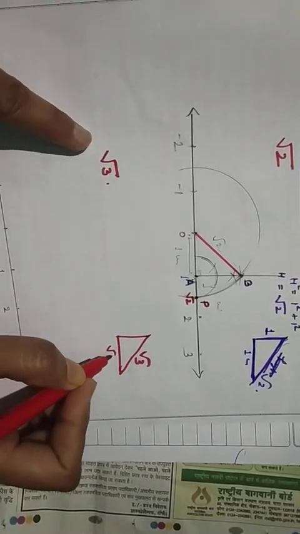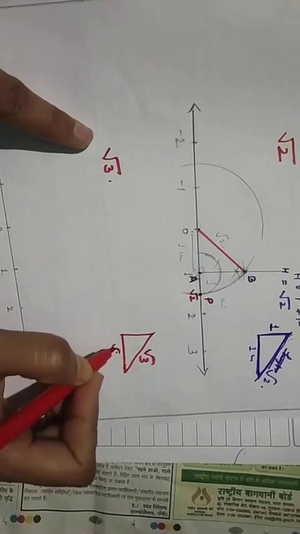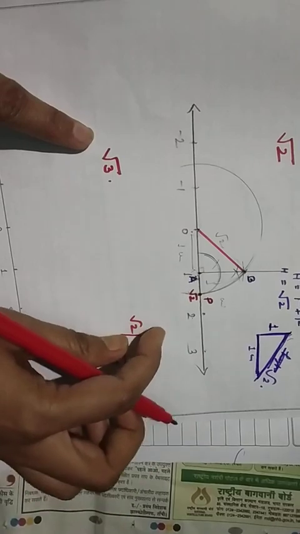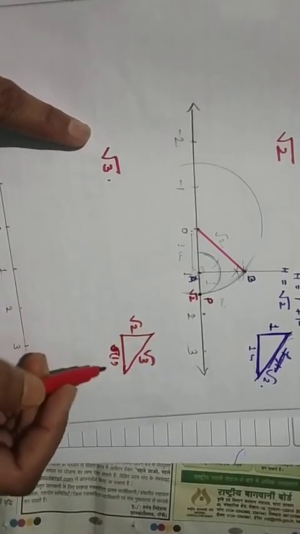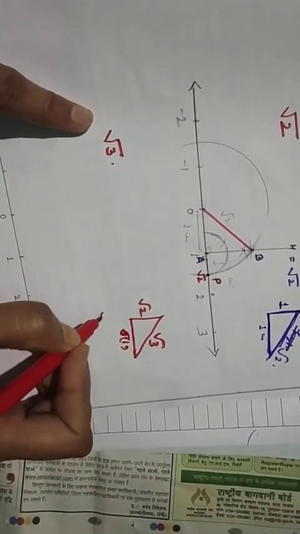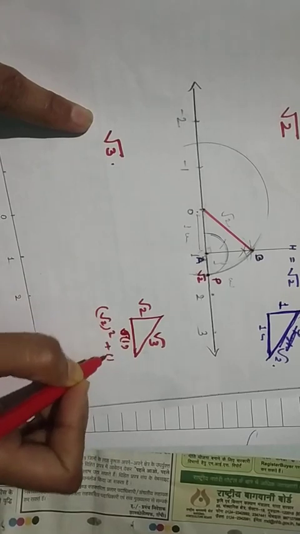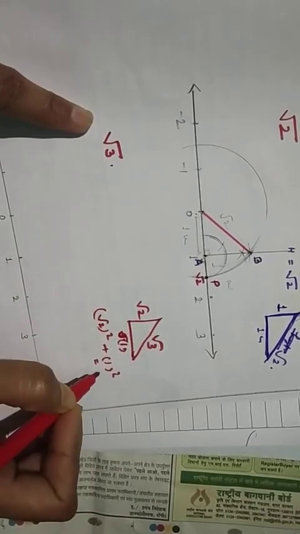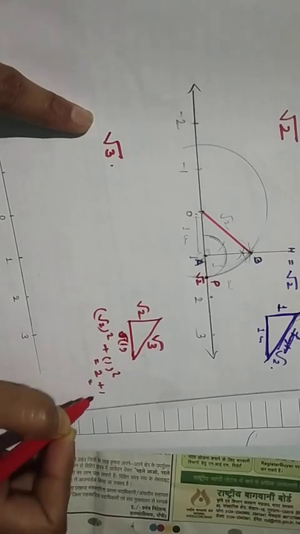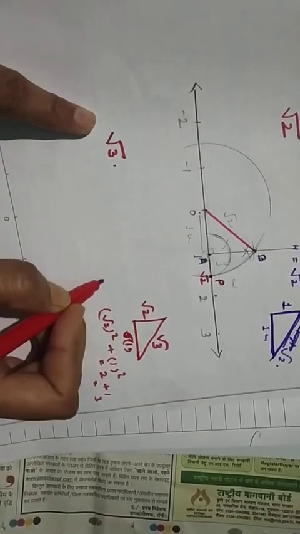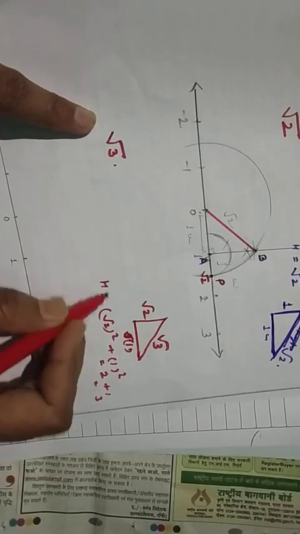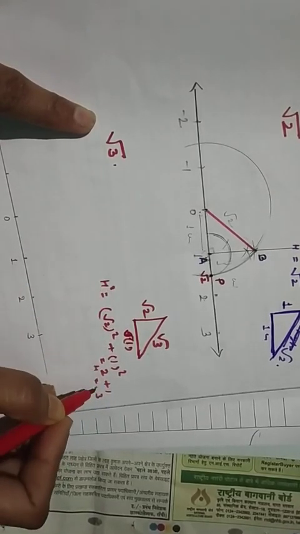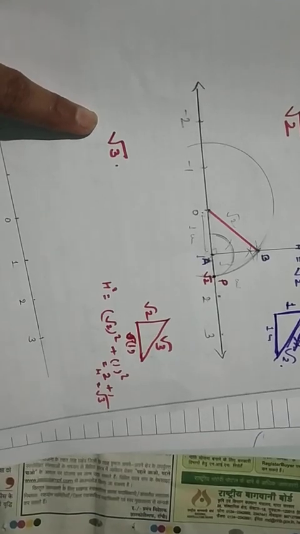So suppose we take here 1 unit distance and here under root 2 distance. Now find out by using the Pythagoras theorem, under root 2 whole squared plus 1 squared would be equal to what? Under root 2 squared means 2, plus 1, that is equal to 3. So hypotenuse squared will come like this and hypotenuse will be equal to what? Under root 3. Got it?